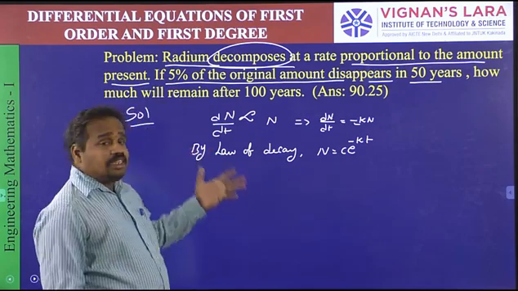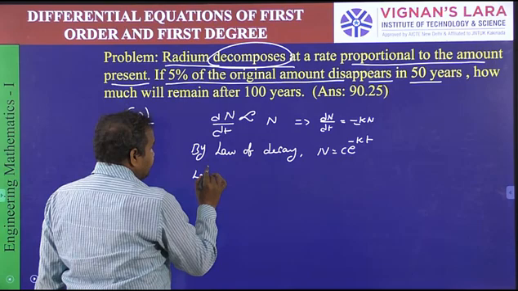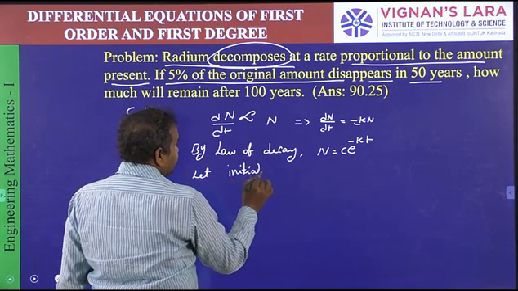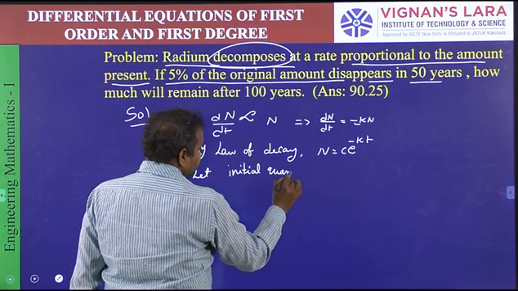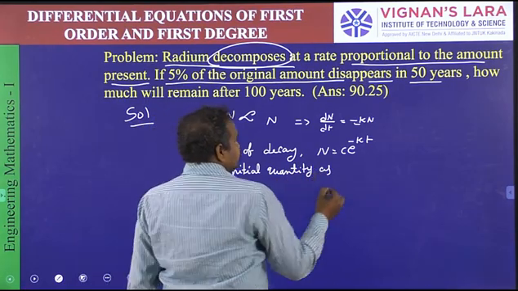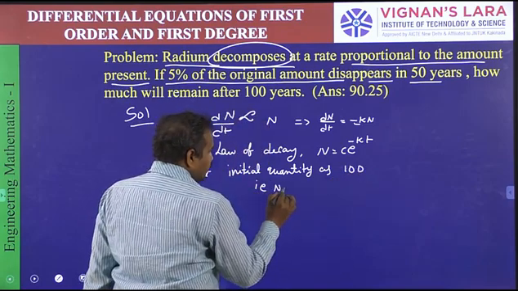If the original amount is not known, let the initial quantity be 100, that is N is equal to 100.